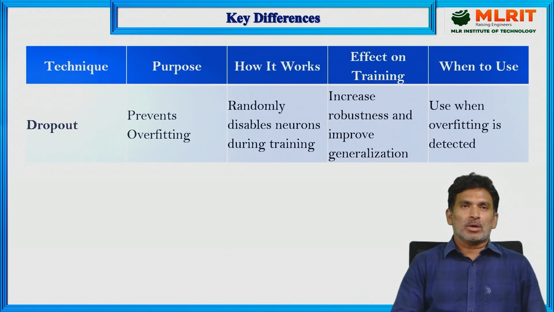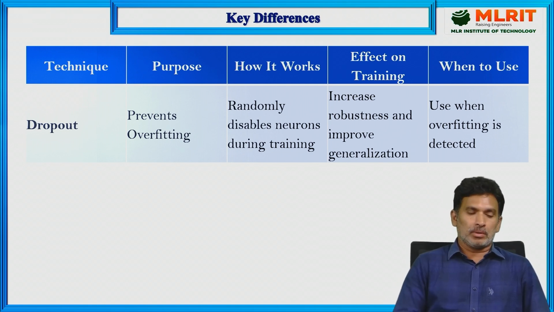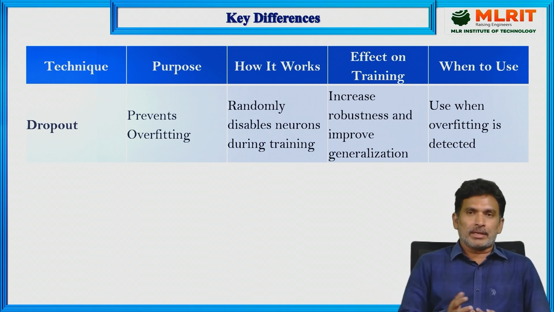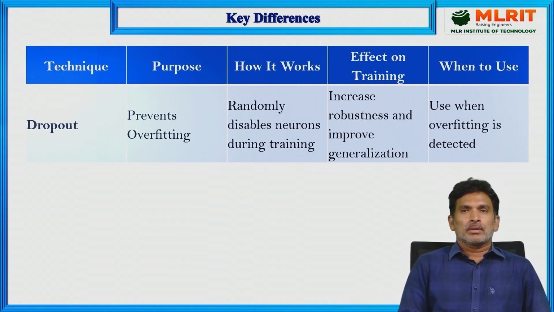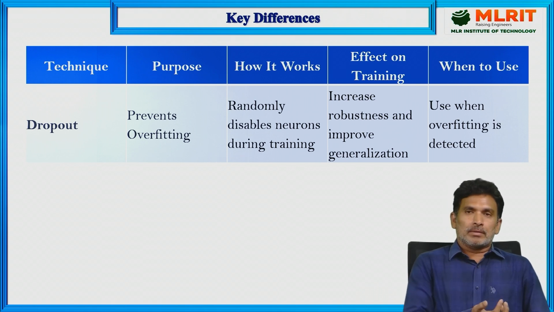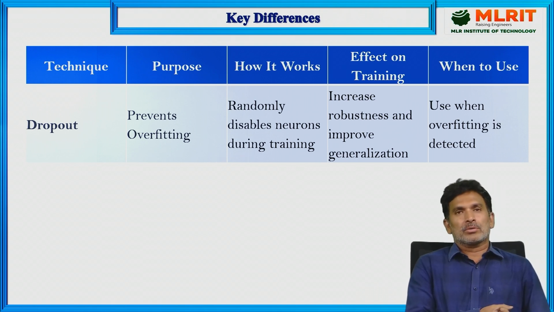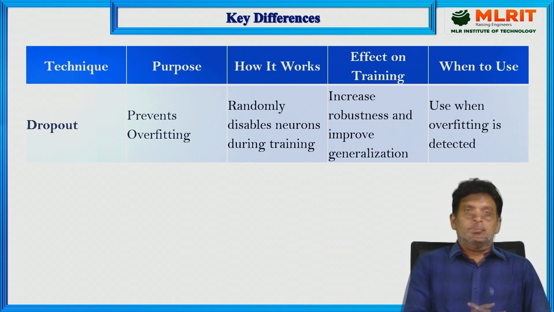Okay, for the dropout technique, the main purpose is to prevent the overfitting problem, because in our feed forward neural network, or any dense network, the model will learn complex patterns mainly because of the complexity of a deep network. Let us see how it works.